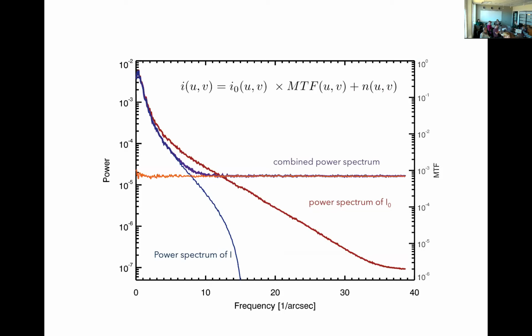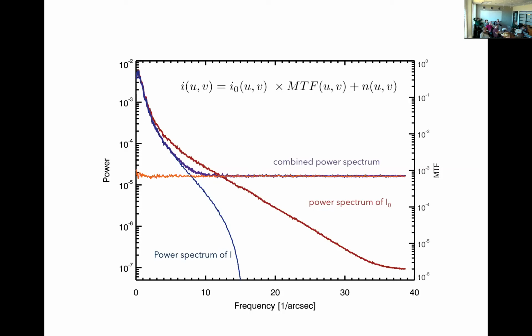You might hope there are ways to remove that noise, but even the realization of the noise in Fourier space is noisy in and of itself, so you can't properly just subtract off the noise in Fourier space any more than you could subtract it out in real space. So you can apply a filter and cut off frequencies, but then of course you're losing any possibility of correcting those frequencies from the MTF.